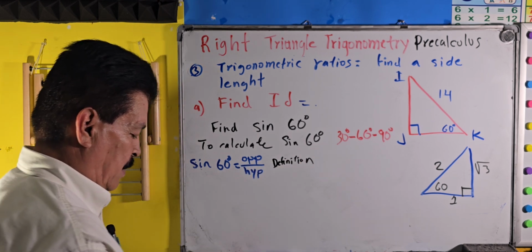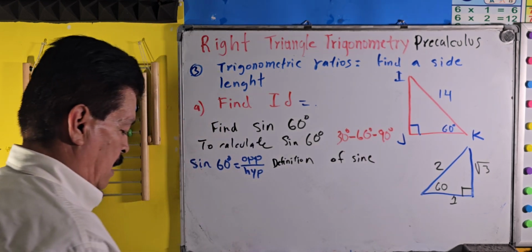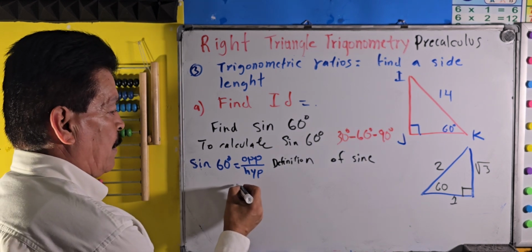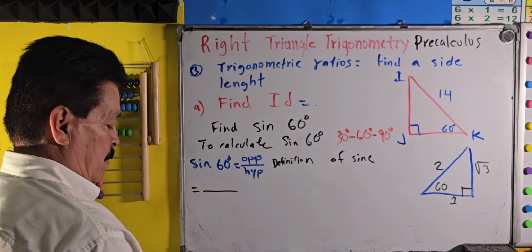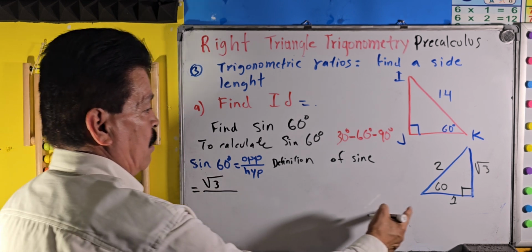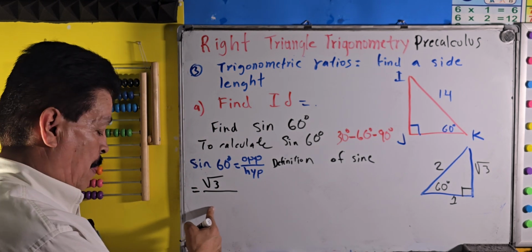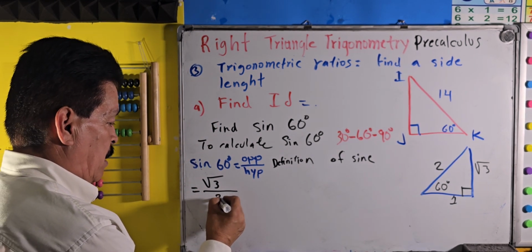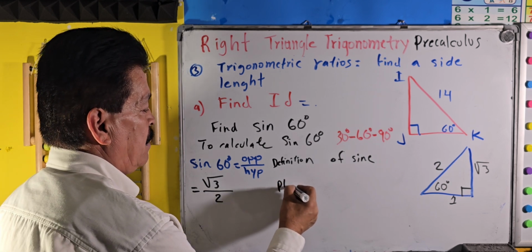I will erase this definition of sine. The next step: since we're talking about this angle, the opposite is square root 3 divided by 2. Here, plug it in.